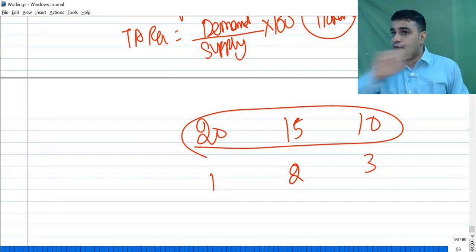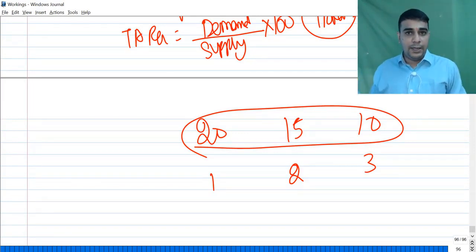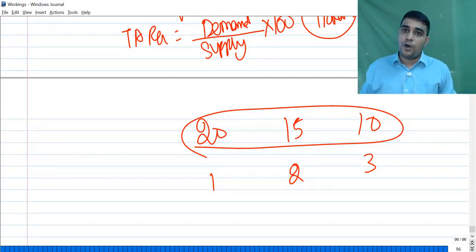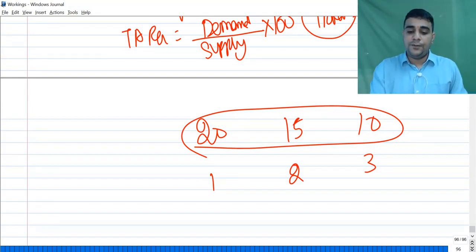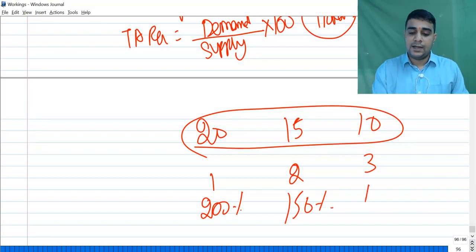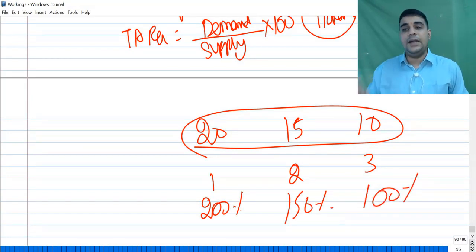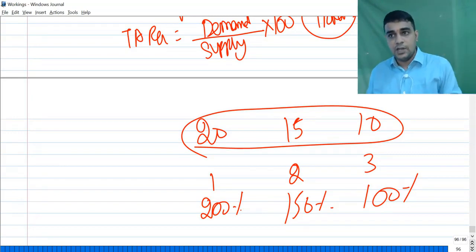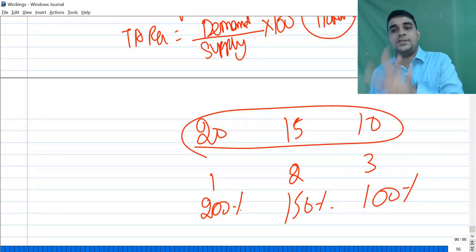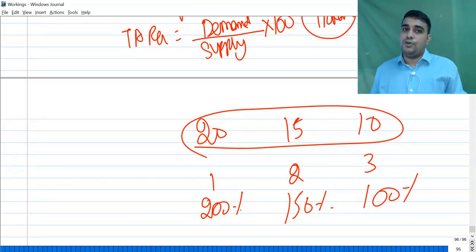Operating cost per hour is going to be the same for all three products. So instead of 20, 15, 10, you may say 200%, 150% and 100%, or it can even be expressed in times. So your ranking can be on the basis of throughput contribution or TA ratio.